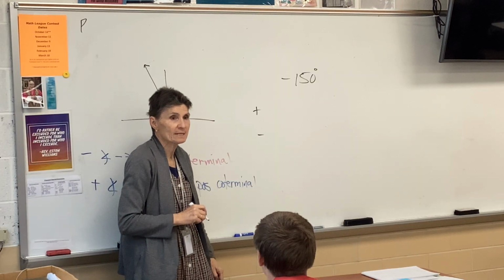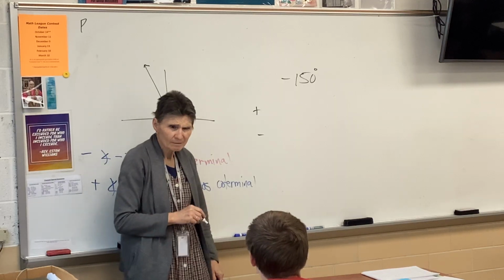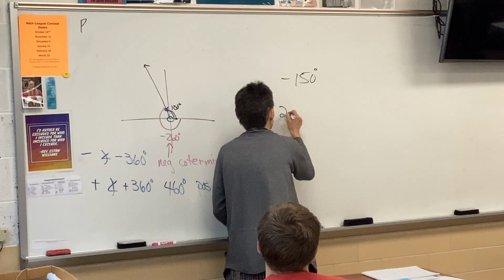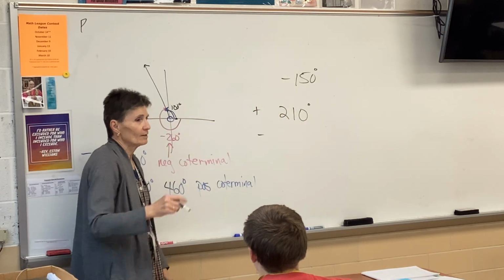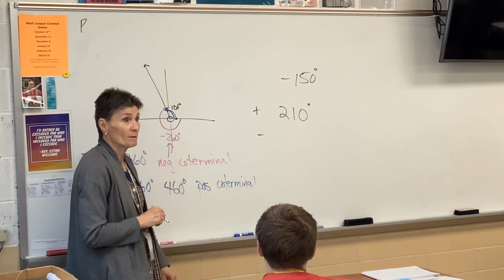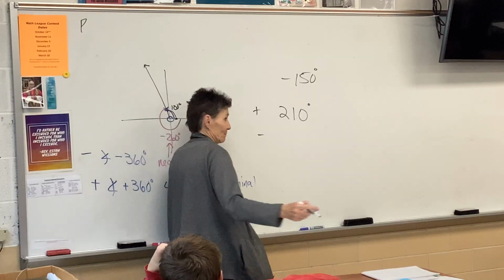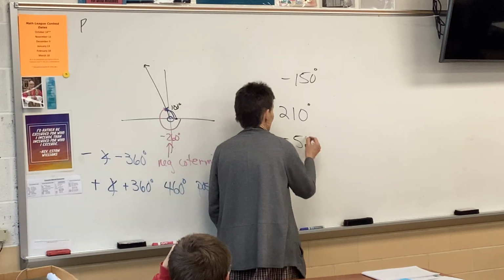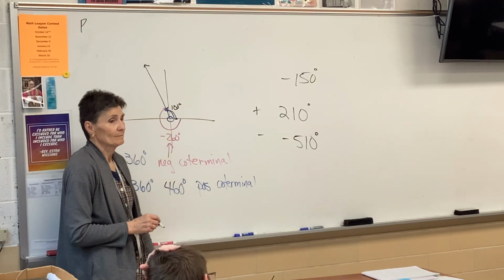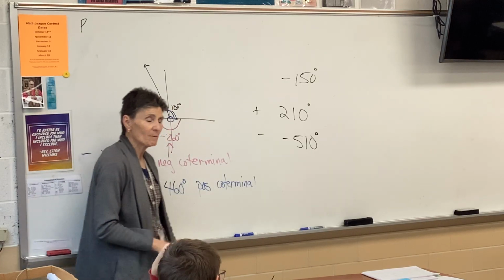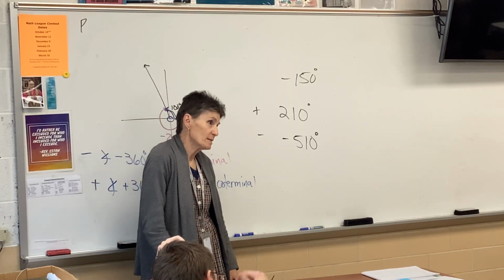What do I get if I add 360? 210. So 210 degrees would be a positive angle. What would be a negative one? Negative 510 would be a negative one. How do we find positives? Add 360. How do we find negatives? Subtract 360.